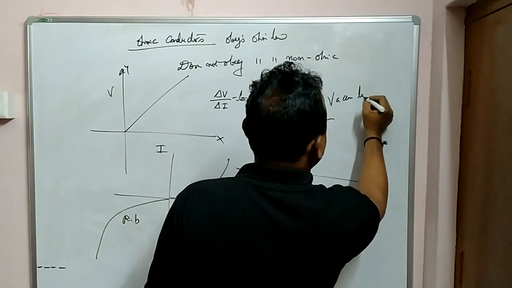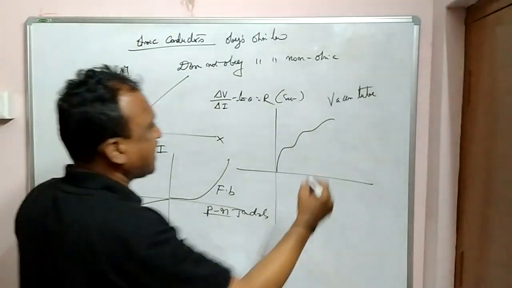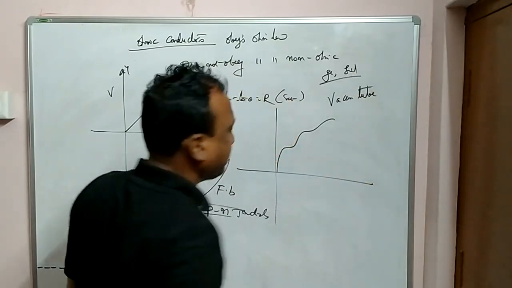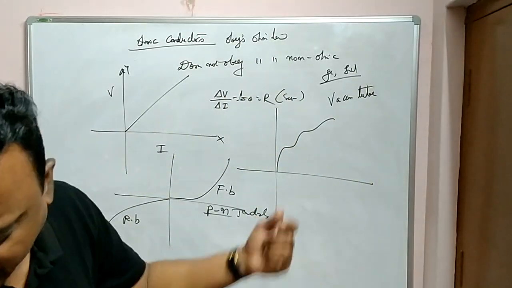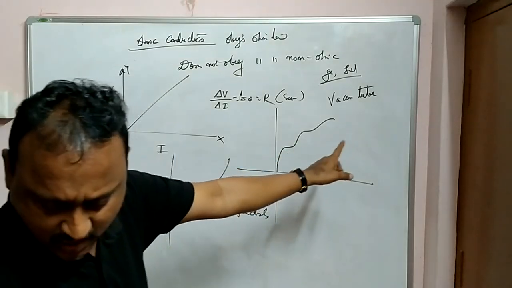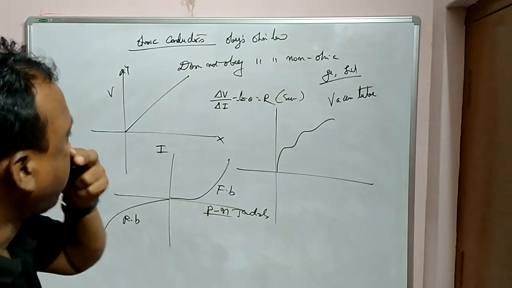And the best examples for semiconductors are germanium and silicon. All these we can take as non-ohmic conductors. Please note, these do not obey because you can see the graphs are not straight lines passing through the origin.